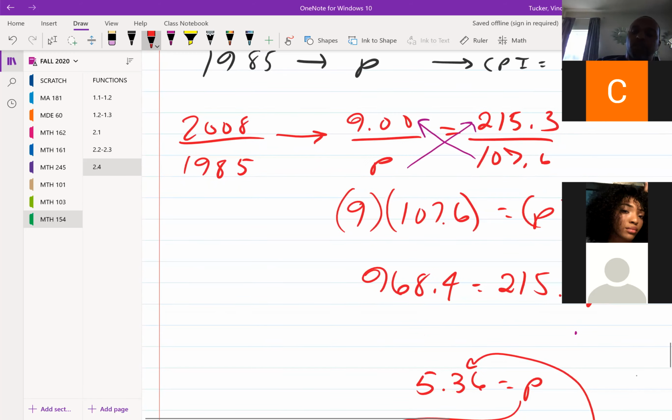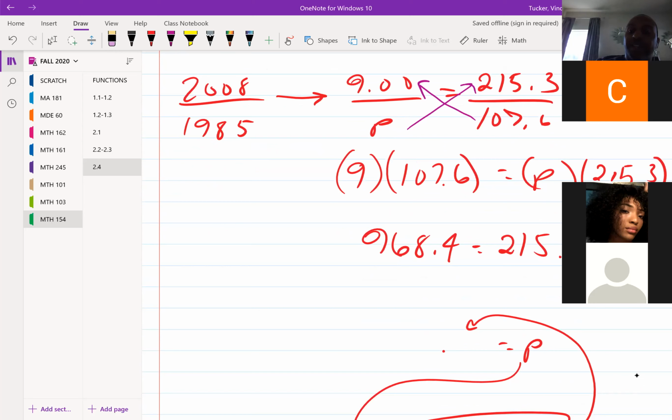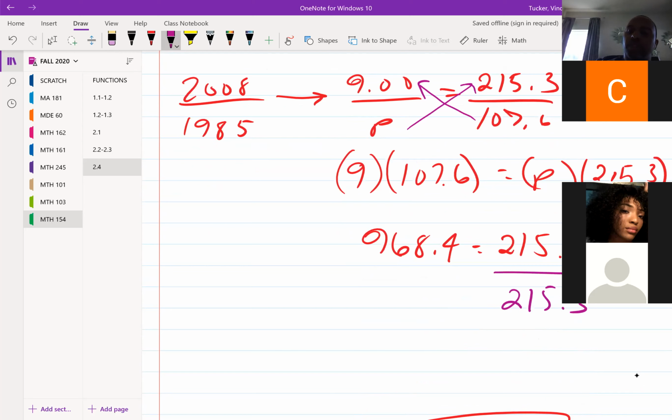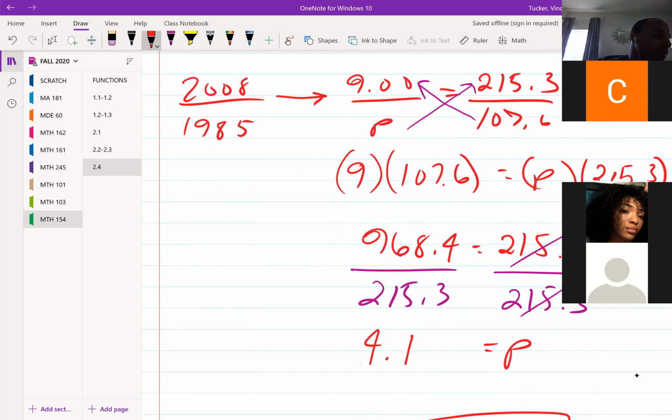All right, 9 times 107.6, 98.4. I said 98.4. 968.4. Divide by the 215.3 that's attached to the P. So 215.3, and that is 4.4979.